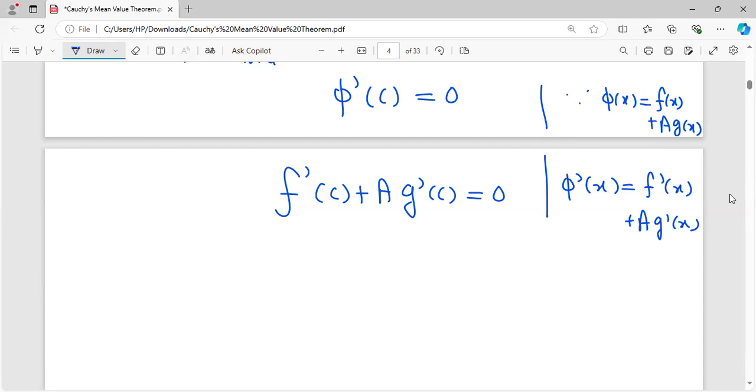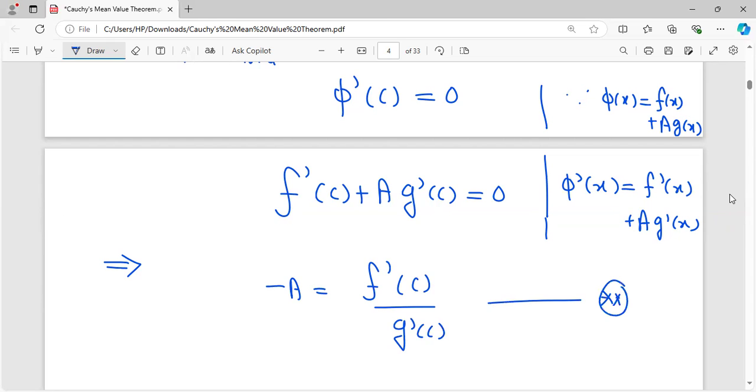So put the value of a. So we have minus a times g'(c) equals f'(c).